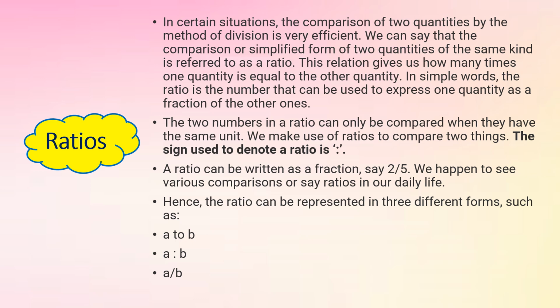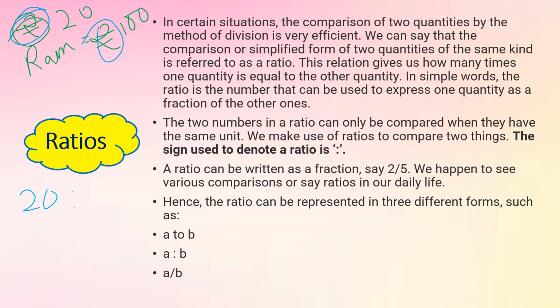Let me explain this with the help of an example. Suppose I have rupees 20, and Ram has rupees 100. So the units here are the same, but they are not in simplified form, so I need to convert them to simplified form.